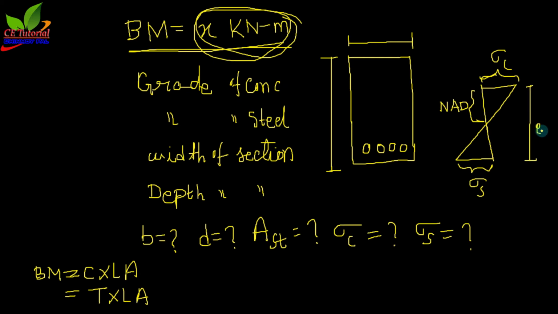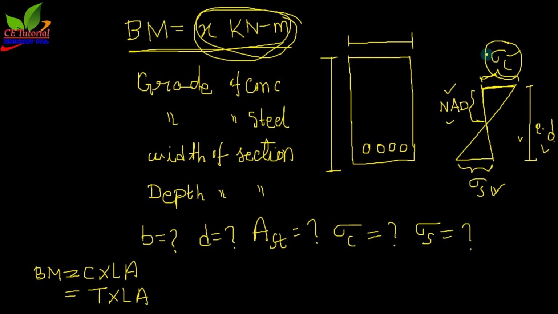Okay, effective depth. Now using these similar triangles, you can find one of all those parameters: sigma c, sigma st, sigma cbc, neutral axis depth, or effective depth. If you know the neutral axis depth, sigma st and effective depth, you can calculate the sigma c value.